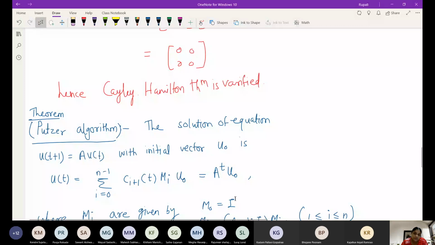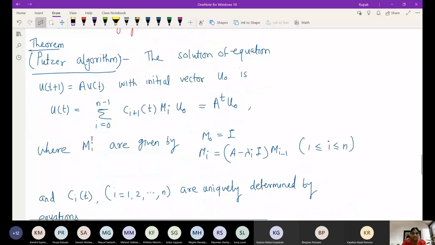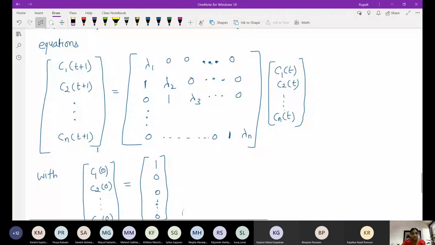You get A raised to t u0 this way when the eigenvalues are distinct. If not, then you have to use this other one, summation i is equal to 0 to n minus 1 of c i plus 1 of t M i u0, where M i satisfies this equation: M0 is equal to identity and M i is equal to (A minus lambda i times the identity matrix) M i minus 1, and c i t satisfies these two equations.